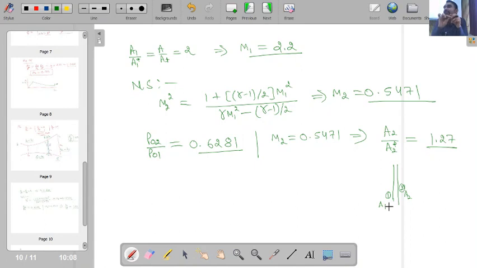So as the thickness of the shock wave is small, A1 will be nearly equal to A2. But A1 by A1 star is coming out to be 2 and A2 by A2 star is coming out to be 1.27, though A1 and A2 are nearly the same. So it means that A1 star has to be different than A2 star. Earlier also I told you this, and now mathematically also I am able to prove that.